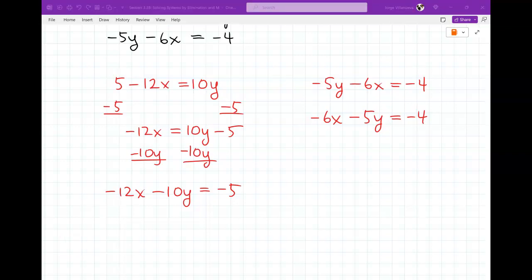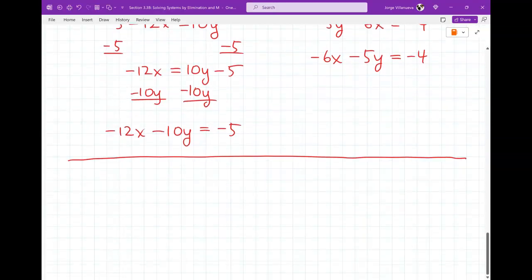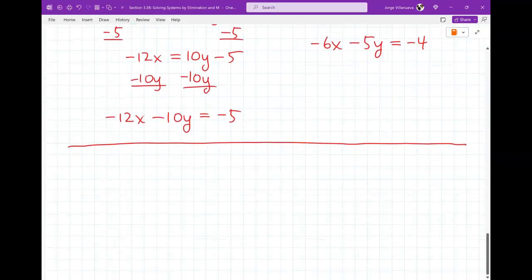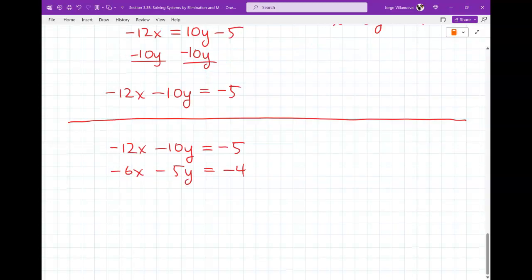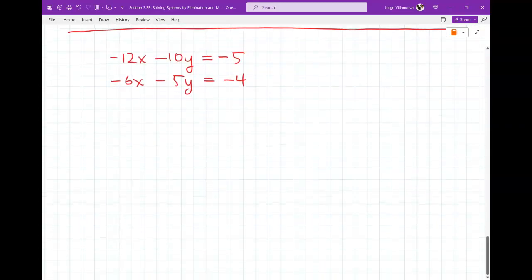All right, so I'm going to do a real quick line here just to say, okay, let's get started. Here are my two equations. Negative 12x minus 10y equals negative 5. And negative 6x minus 5y equals negative 4. So we're pretending to be just barely starting now, okay?